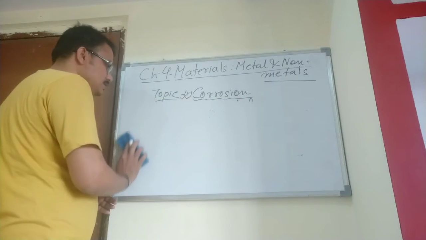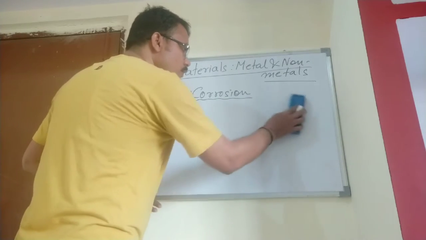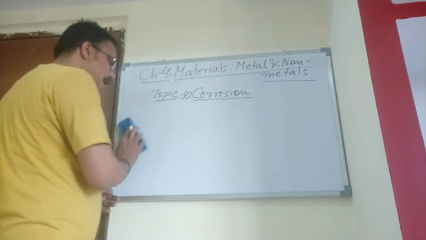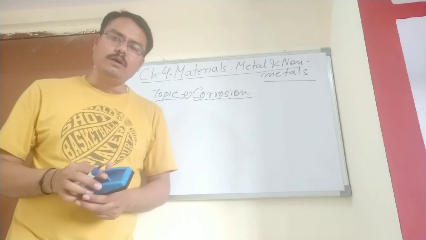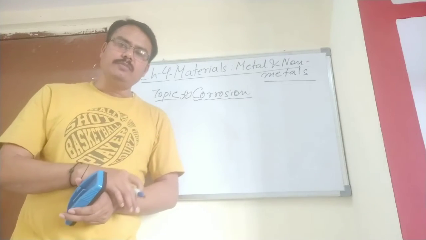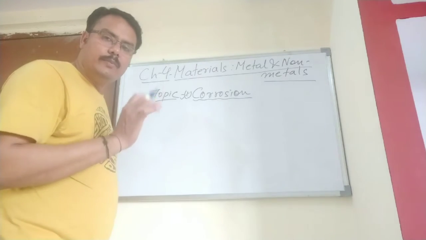Now let me explain about corrosion. Corrosion and rusting are both cases of loss of metal. For example, corrosion mostly happens in copper metal.